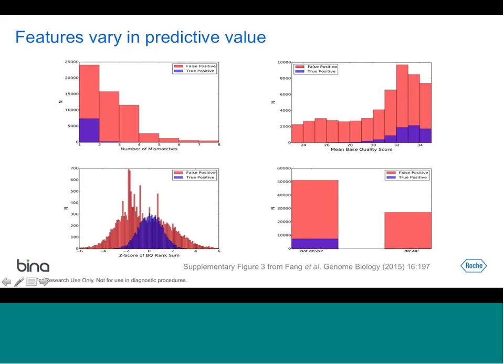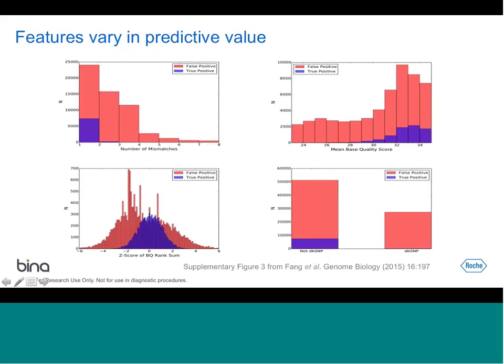Lower left is another metric. This is the Z-score of base quality rank sum. That is the statistical test for the base qualities of variant reads against the base qualities of reference reads in the same position. If the two groups of reads have the same base quality score, either both very high or both very low, you will have a Z-score of 0.